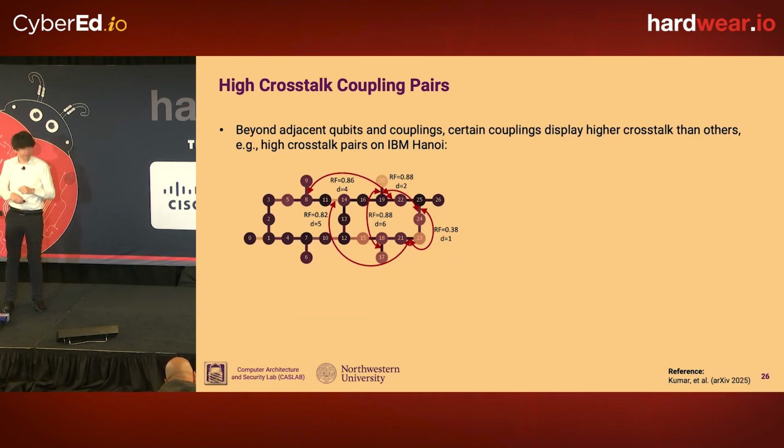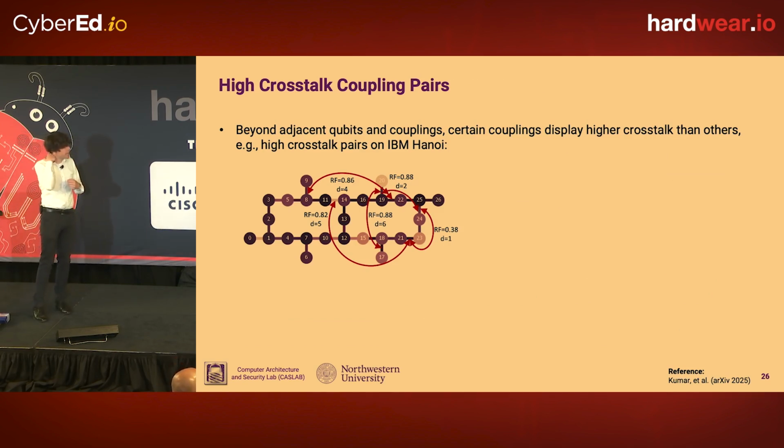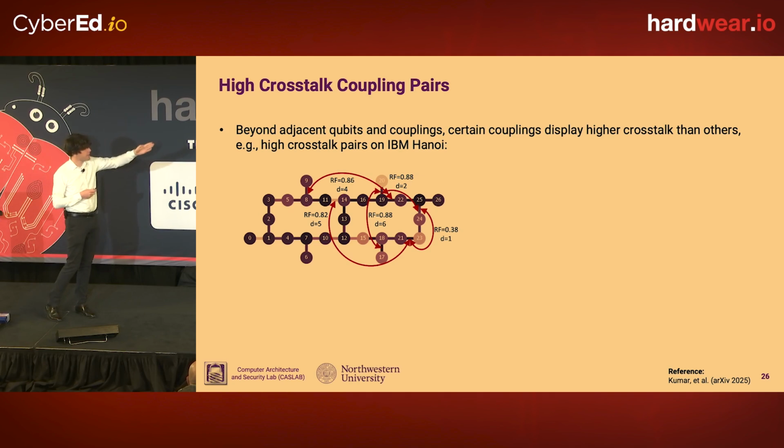Another, just to give you a flavor of the type of work that's being done, another research group has looked at exploring the crosstalk. I would say the fundamental reason for the crosstalk is not necessarily very well understood, but experimentally you can collect the data. This is part of the IBM topology, and you can see these arrows. What it means is that if you run a bunch of quantum gates on qubits 8 and 9, that seems to affect qubits 19 and 22.